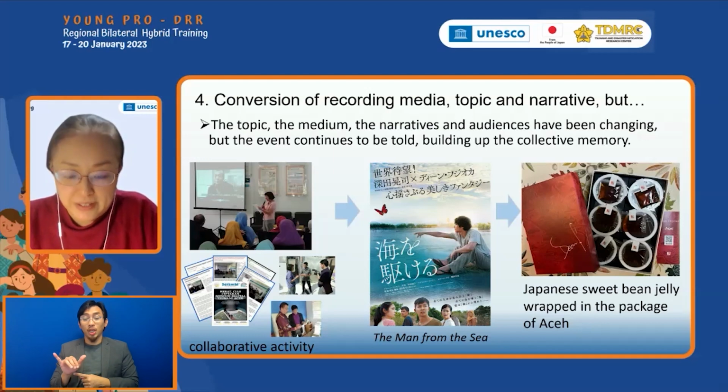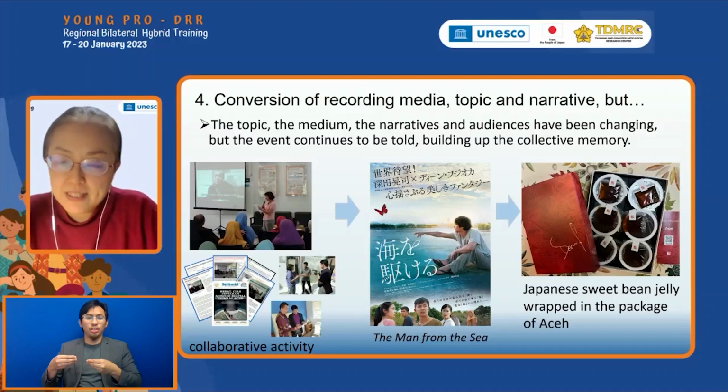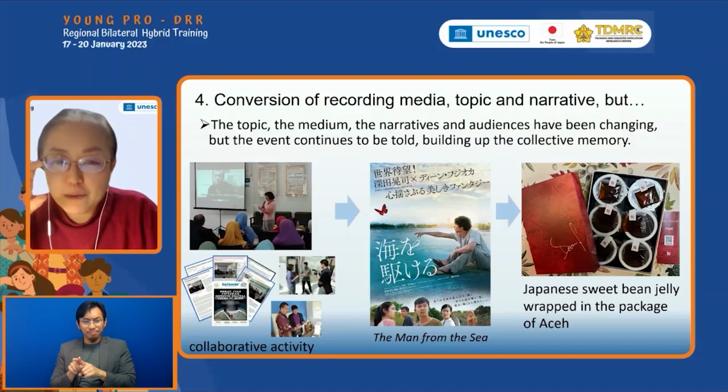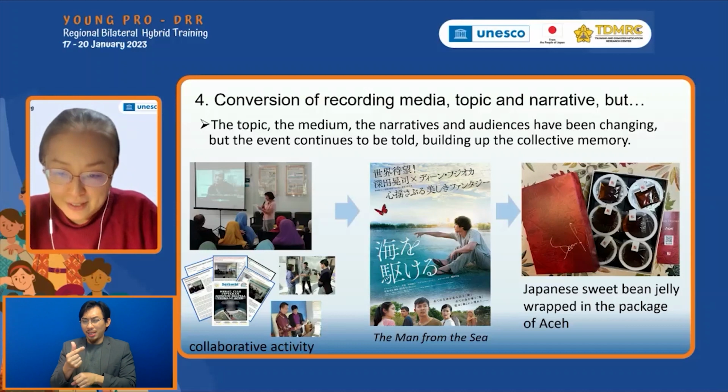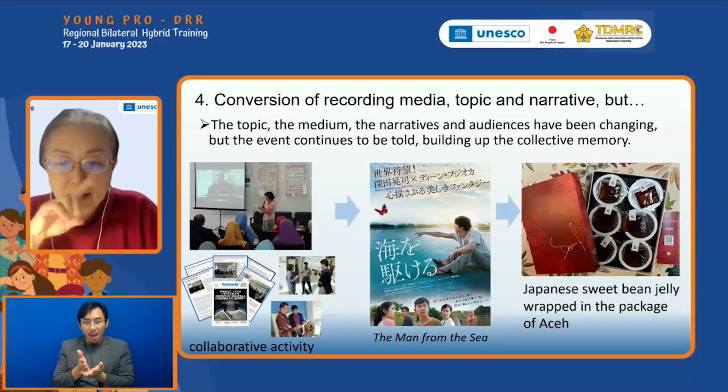This yokan was sold, a kind of jelly, with the sauce of Kopi Gayo. And the wrapping paper is with a map of Banda Aceh. So next slide, please.